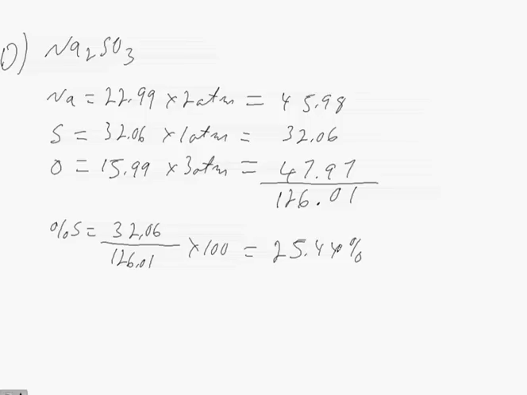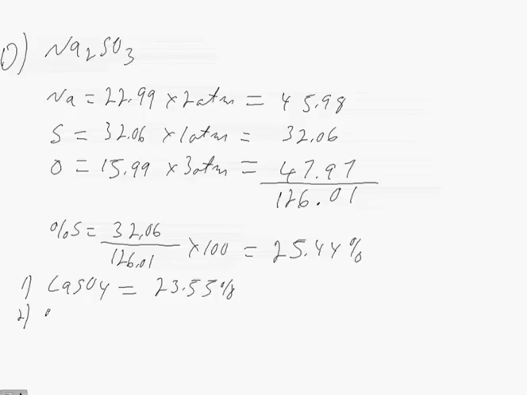So in our problem, we were asked to arrange the percent sulfur in increasing order, from the smallest to the largest. So in calcium sulfate, CaSO4, percent sulfur was equal to 23.55%. This is the first one.